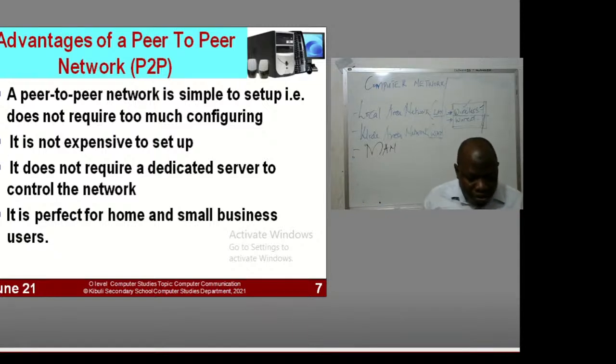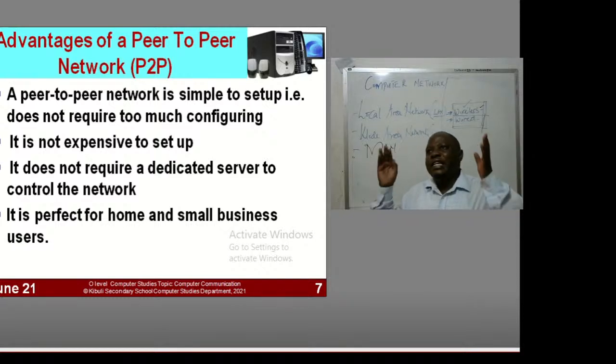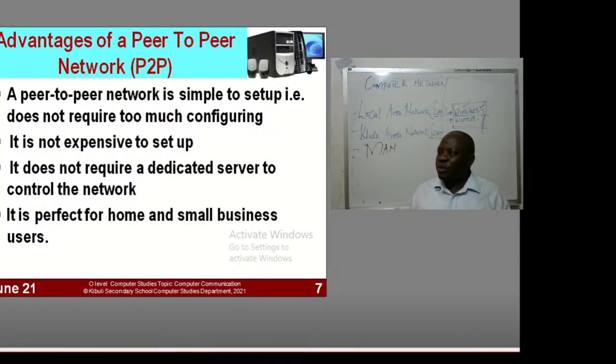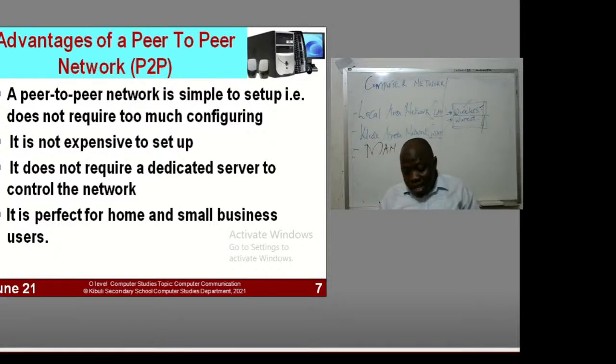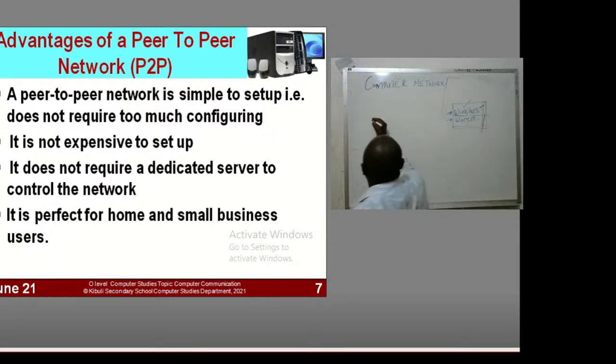Number three, it does not require a dedicated server to control the network. You don't need a server to control the network, so it becomes an advantage. Because a server can be a computer and a server can be software, and both you have to buy. A server can be a computer.